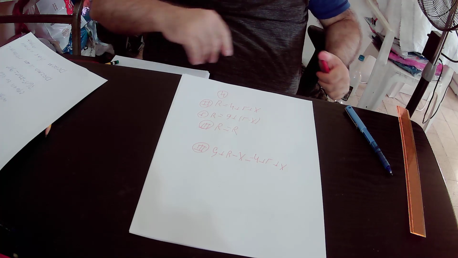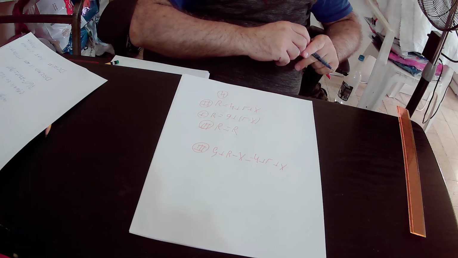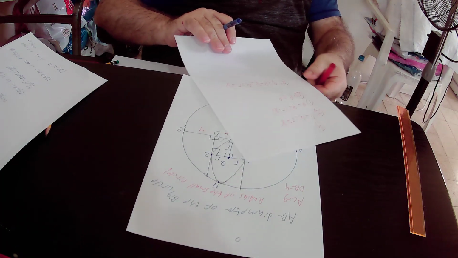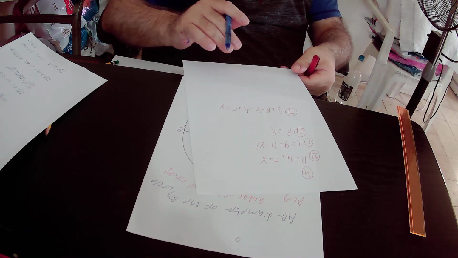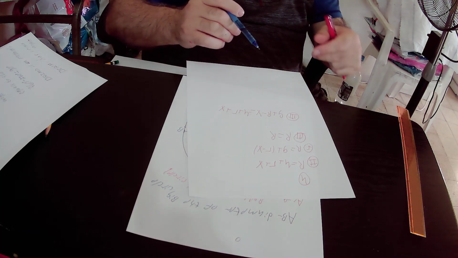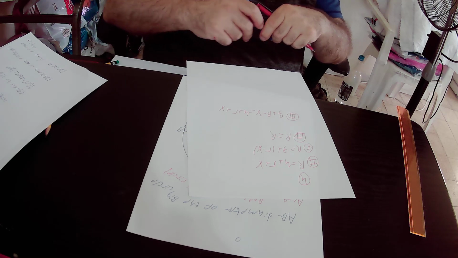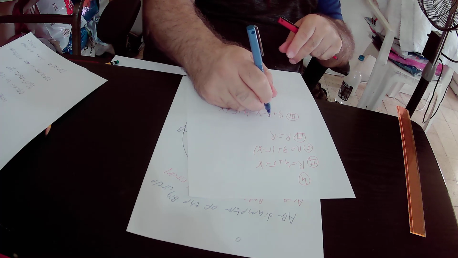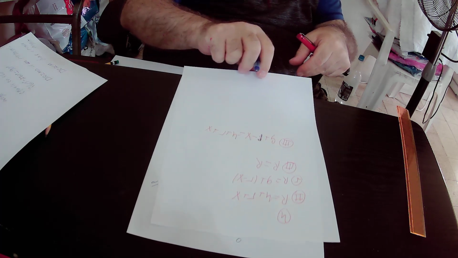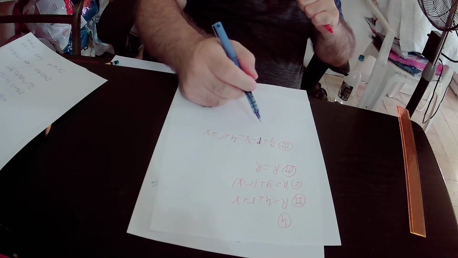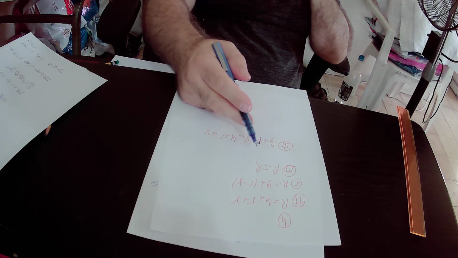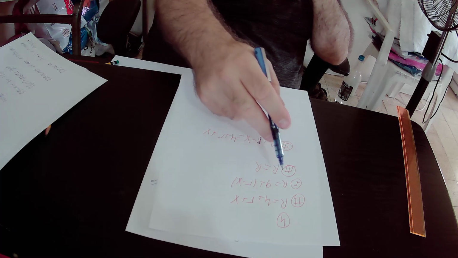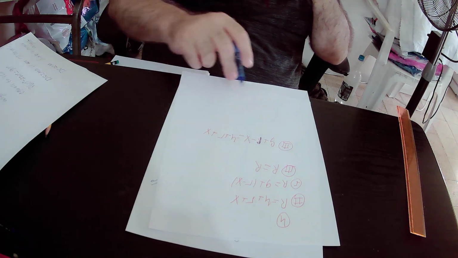Here in equation number 3, the R of equation number 1 is 9 plus small r minus x. It equals the R of equation number 2, that is 4 plus r plus x.